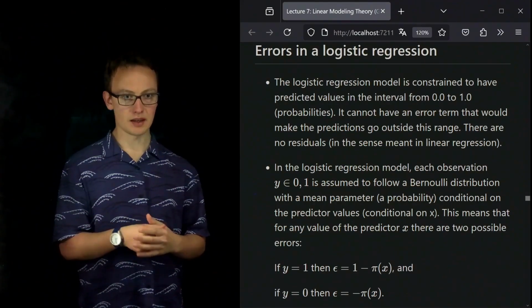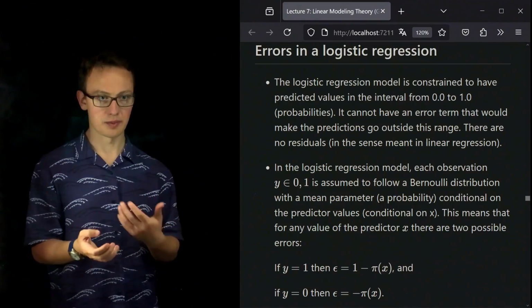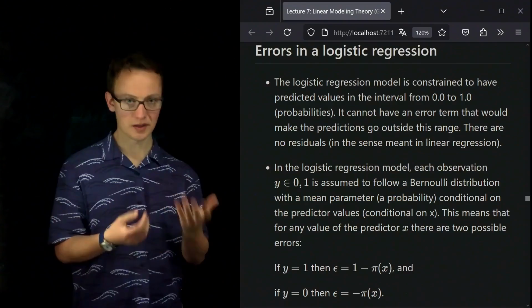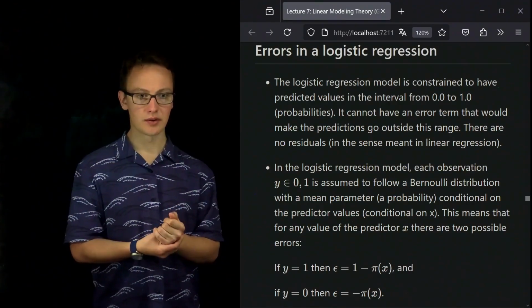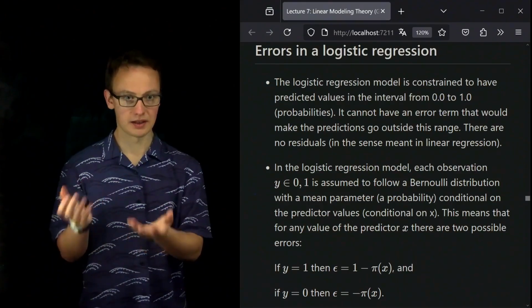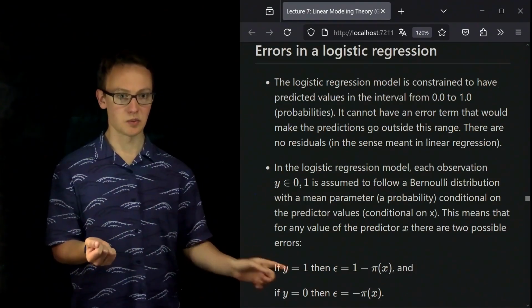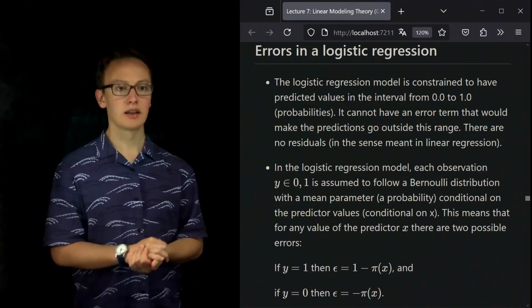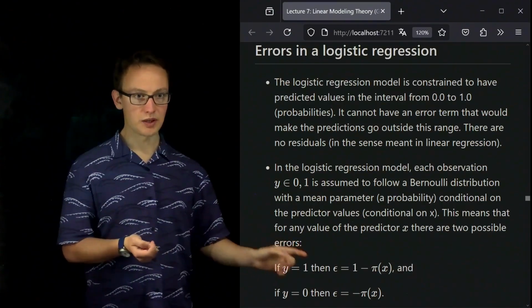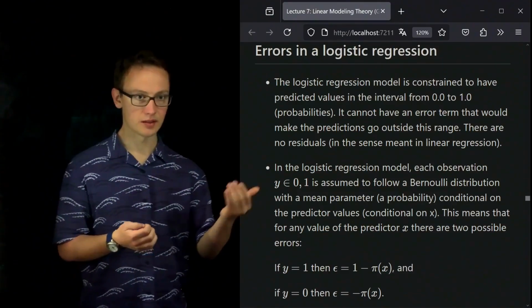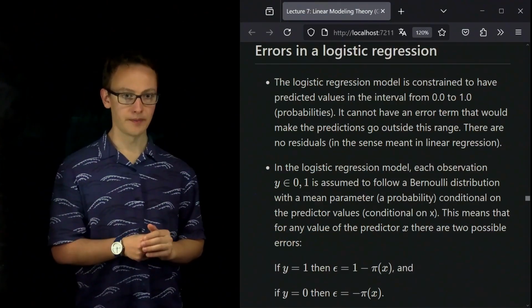And this means that for any value of my predictor x, dose, let's say, there are two possible errors. If my observed value of the beetle dying or not dying is 1, which I guess could be the beetle being killed, dying, then the error would be equal to 1 minus the predicted probability. Okay?